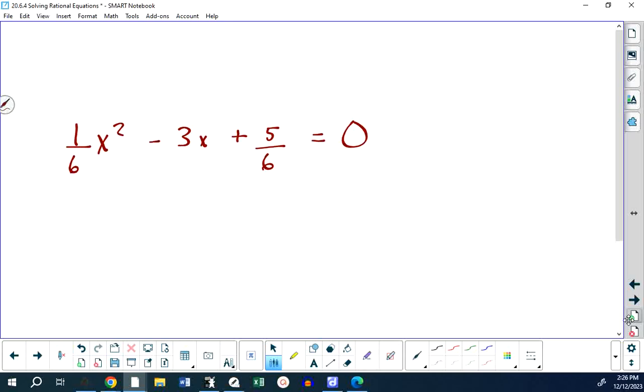Multiply everything by 6. Yes. Why? Because we would rather not have denominators, right? But here it's obvious. You go, well, I'm going to multiply both sides of the equation by 6. So you would multiply this by 6, and this by 6, and this by 6, and this by 6. And that would clear out all the fractions, wouldn't it?